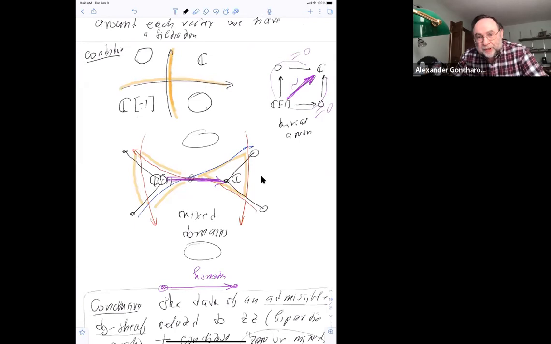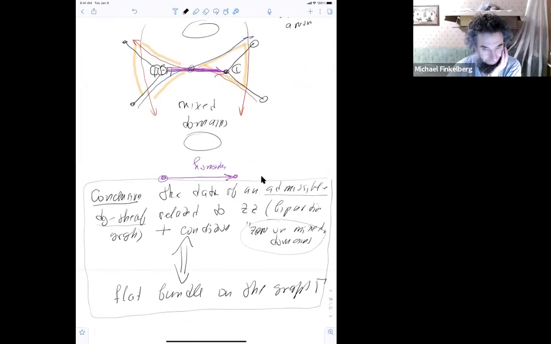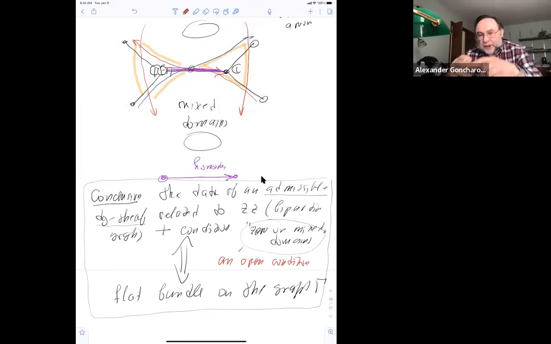What is important is that this condition is an open condition. Because whenever you have a complex and you put conditions that two neighboring cohomology groups are zero, it's an open condition. For example, if you have a map from a vector space to a different vector space, and you say this map is an isomorphism, it's an open condition.